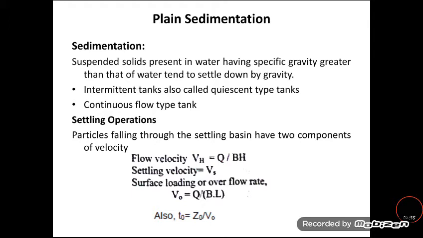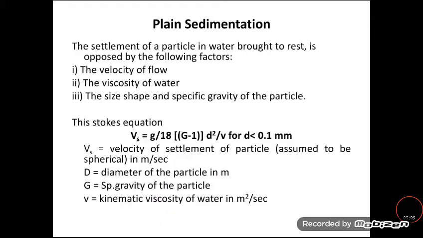The flow velocity is denoted as V suffix h because it is in the horizontal direction, so it is equal to Q by B into h. Here the settling velocity is indicated as V suffix s. The surface loading rate V is equal to Q by BL. So T is equal to Z by V.